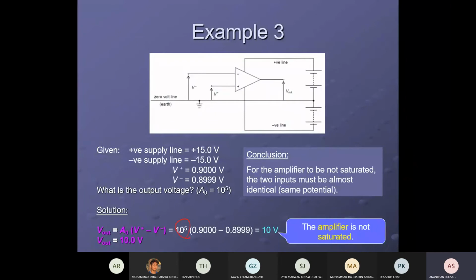A small difference times 10 to the power of 5 becomes a very big number. In the exam, if they ask why the op-amp is easily saturated, you say the op-amp has a huge gain. That's why it's easily saturated.